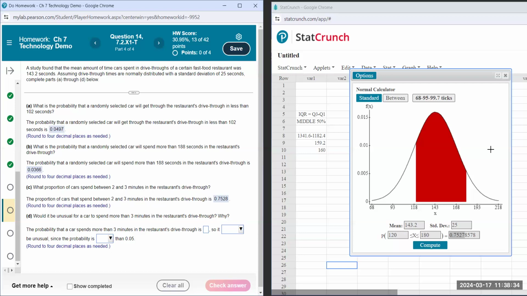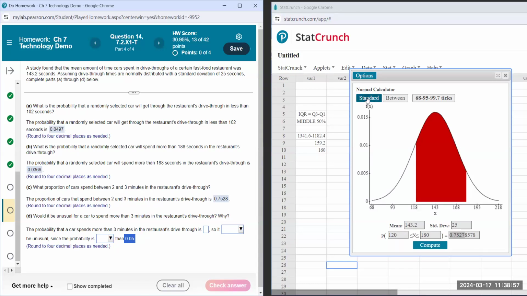But usually we check with 5% or 0.05. If the area that it's taking up is less than that, then we do say it's unusual. Okay, so let's see what the actual percentage is. I already know it's not unusual because the area is probably more than 5% and because we weren't more than 2 standard deviations.